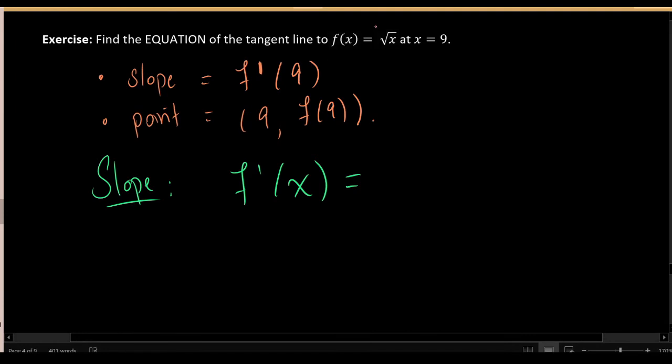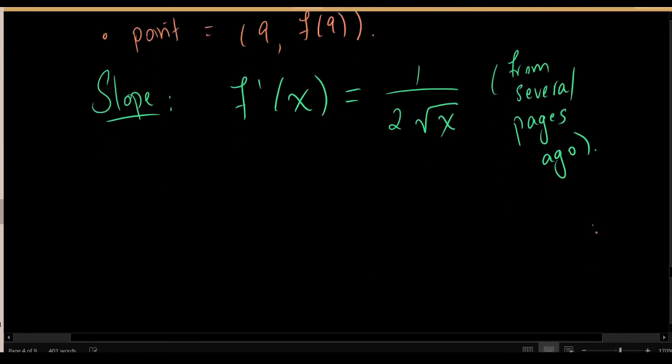But we've already calculated the derivative of square root x several pages ago. Several pages ago we found the derivative of square root x was 1 over 2 square root x. Now it's safe to plug 9 into the derivative function, and f prime of 9 is equal to 1 over 2 root 9, which is 1 over 6.